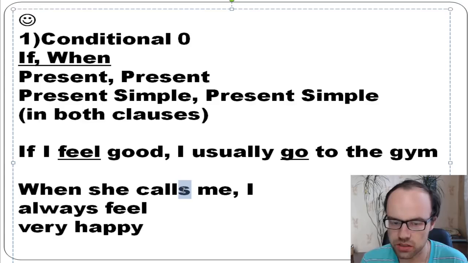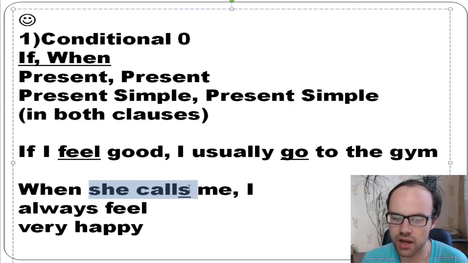They forget to put s, especially after such words as if and when. Please don't forget to do it. So it's a big mistake. So when she calls me, it's present simple. I always feel very happy. So it's always true.